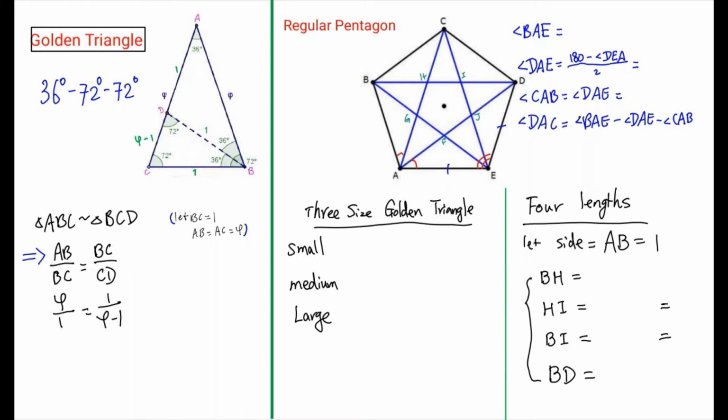You'll notice that if we put 1 divided by phi in place of phi minus 1, then phi divided by 1 equals phi divided by 1, making it so that we know that phi minus 1 equals 1 divided by phi. Back to the problem.